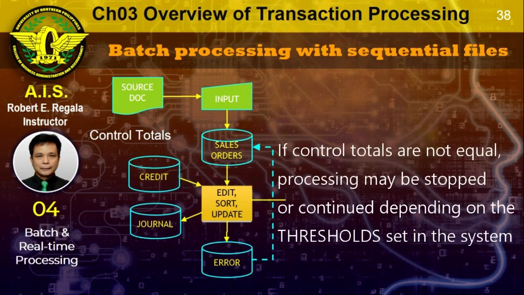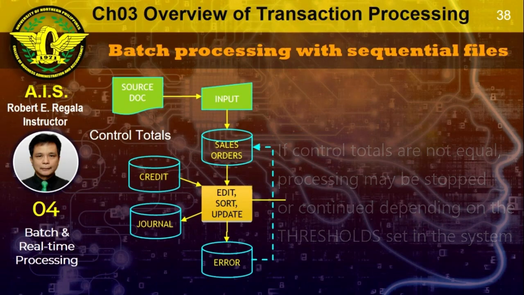Once the system detects an out-of-balance condition, it sends error reports to users and data control personnel, and the processing of the transactions in the batch may be stopped or continued with errors depending on the threshold set, such as the percentage of errors in a batch.